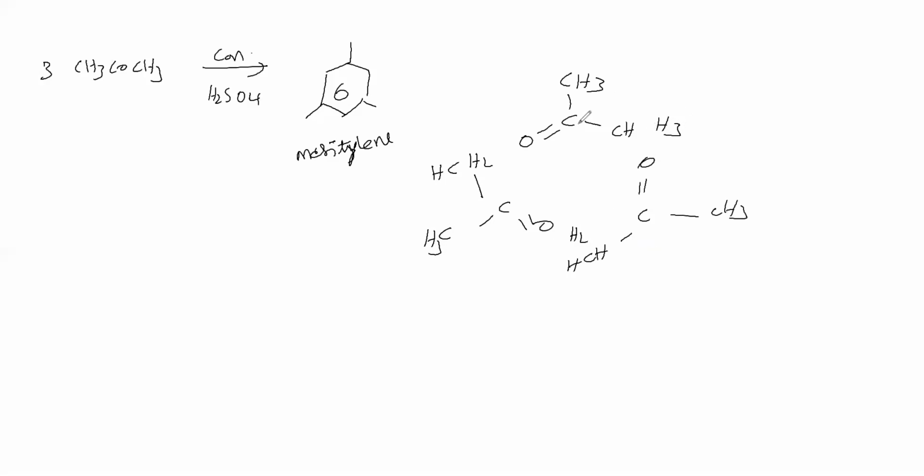Now we round up the water, 2 and 2 and 2, water removed. So we get mesitylene as the product. Therefore, acetone with concentrated sulfuric acid gives mesitylene.